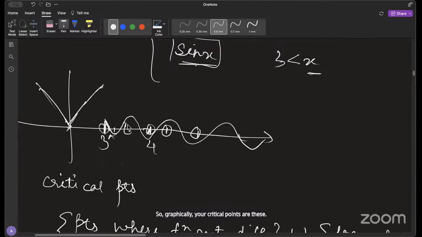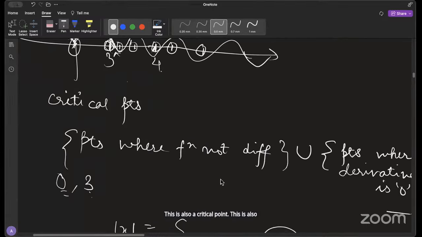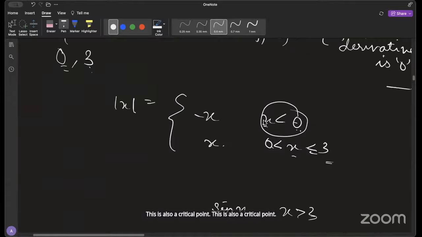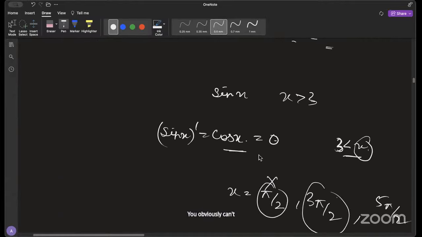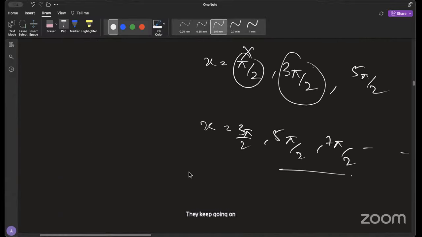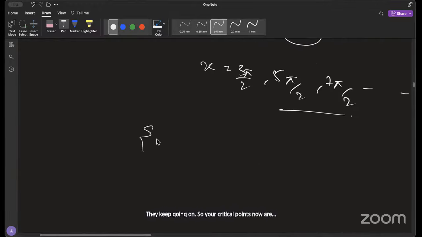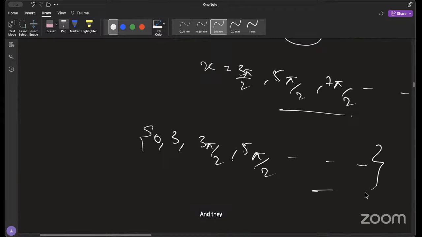This is also a critical point. This is also a critical point. We obviously can't mark all of them. They keep going on. So your critical points now are 0, 3, 3 pi by 2, 5 pi by 2, and they keep going on like this. Is that okay?